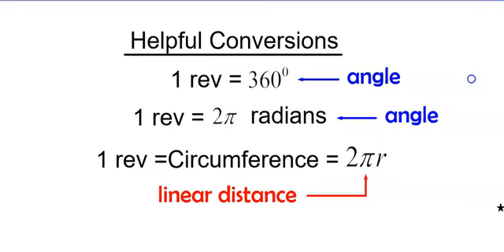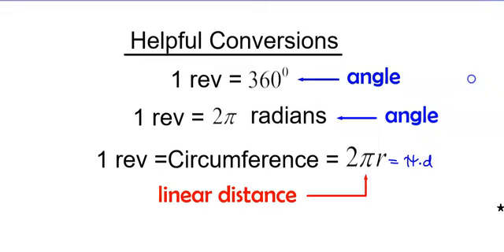So if you're talking about a bike tire or a car tire or a Ferris wheel, the linear distance it travels is equal to its circumference, which is 2 times pi times radius, or sometimes you will see it just as pi times diameter. Same thing. Circumference is 2 pi r, or just pi times diameter.